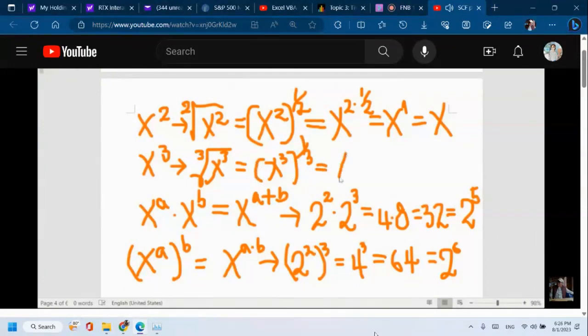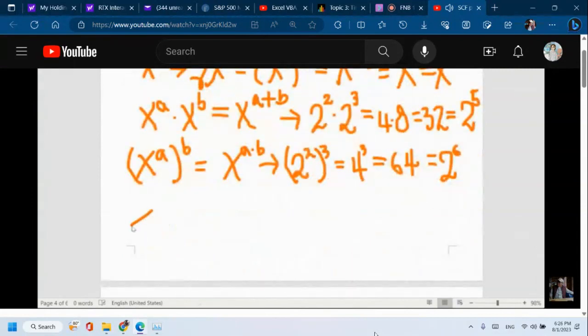And then by the same process, it becomes x itself. So now let's generalize this.